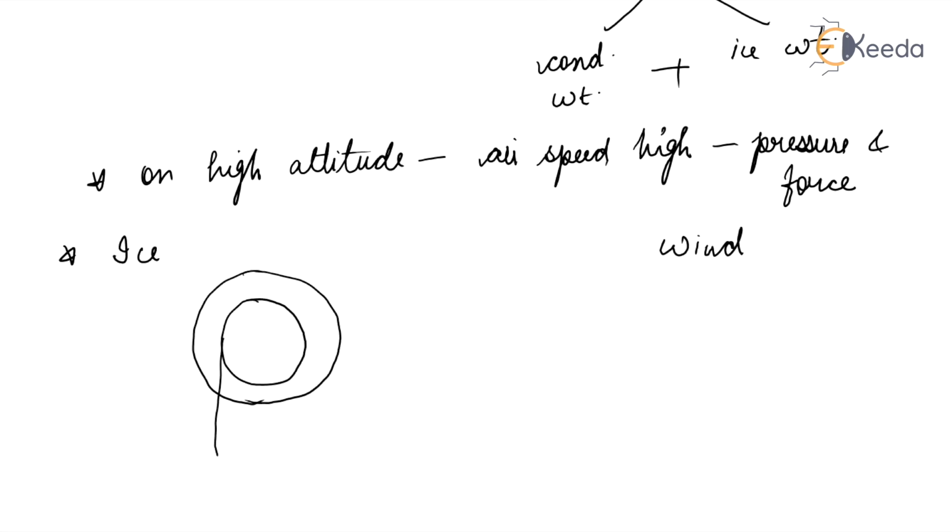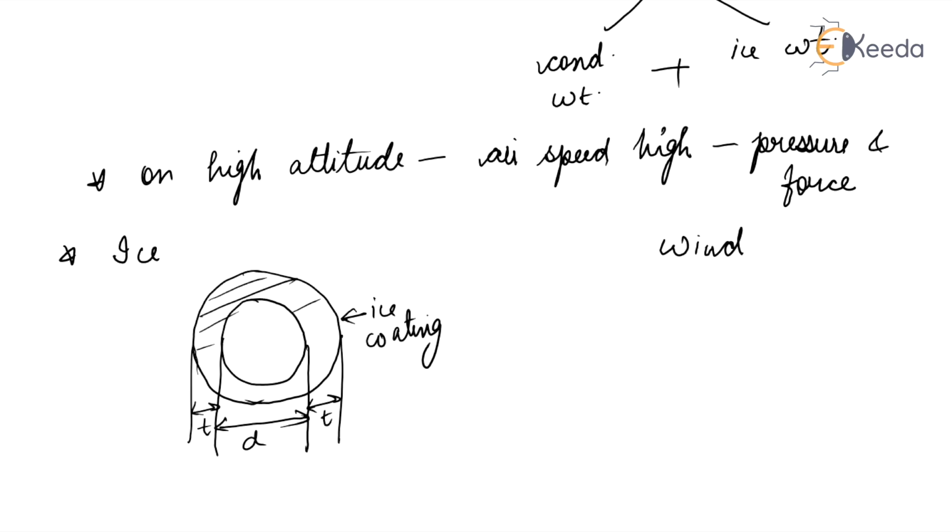Suppose a conductor whose diameter is d and ice coating whose thickness is t. This is the ice coating.